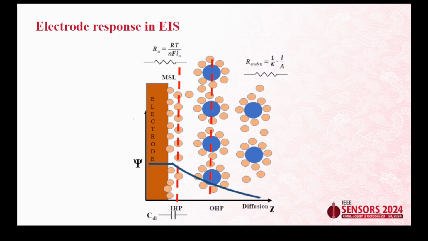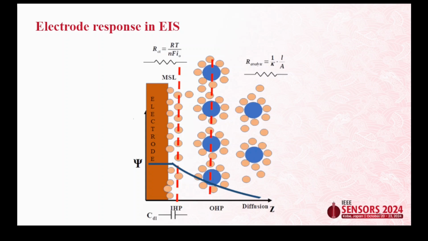Whereas the charge transfer resistance that I discussed at the beginning is due to all the ions which are very near to your electrode surface, and the mass diffusion component that I talked about is due to all the ions which are very far away in the electrolyte system. So the basic RC circuit that we are seeing in a Nyquist plot is a combination of these processes happening at your electrode.